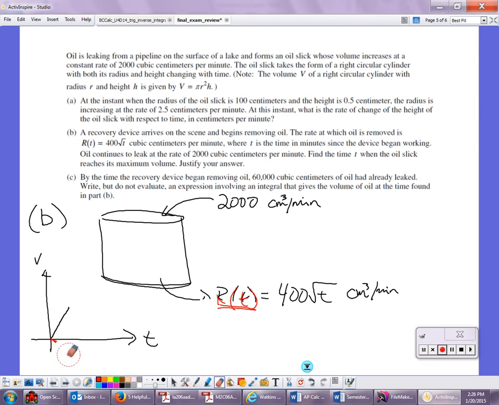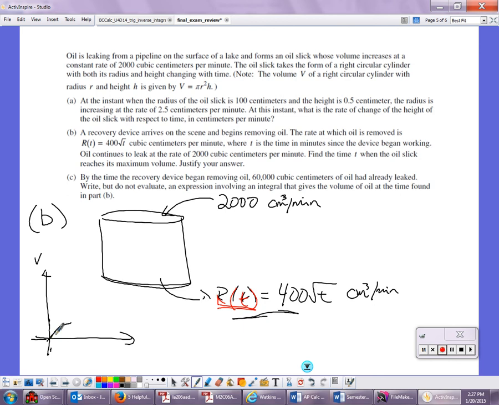So what's really happening with the amount of oil in the cylinder? Well, it starts out filling up, and over time this R of T is getting bigger and bigger.